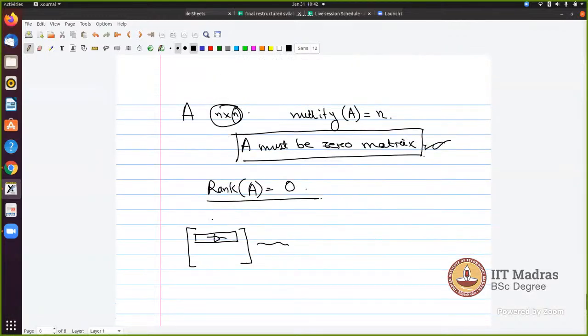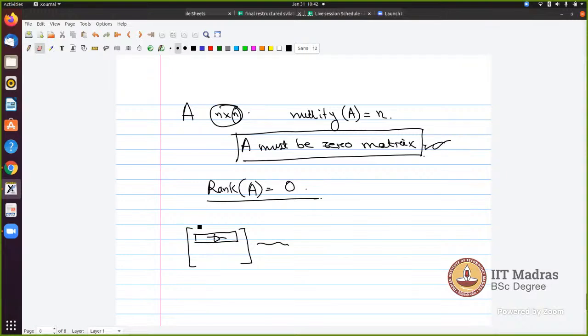So after row reduction, there should be at least one non-zero row, because one singleton vector is always linearly independent, correct? But in this case, this is not happening. Rank is 0, that means from the beginning itself, all the rows are 0.